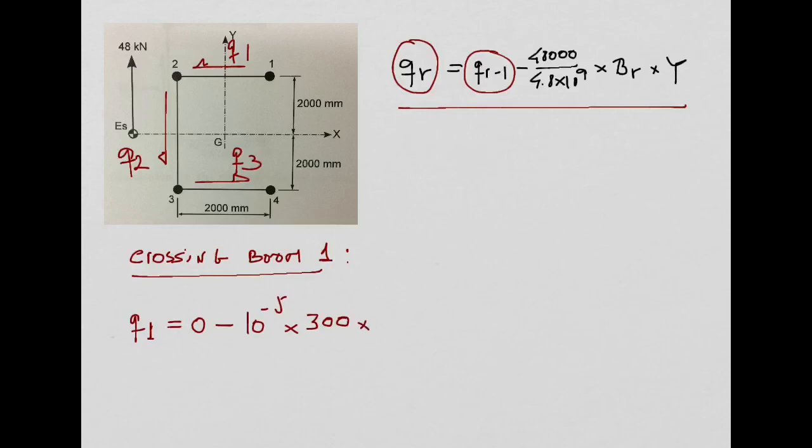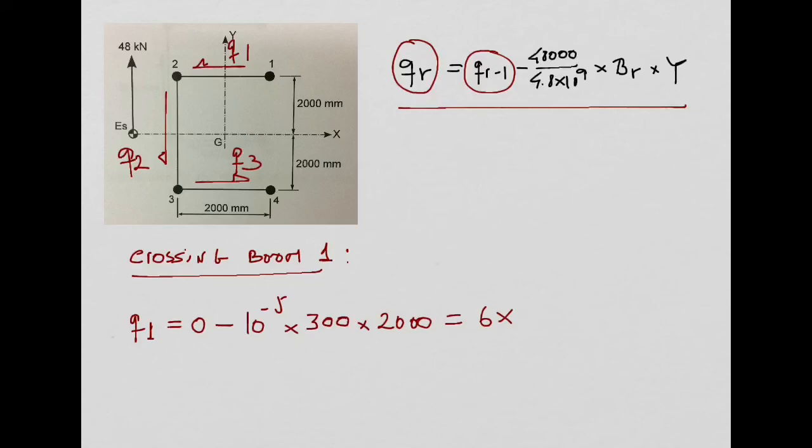And I need to multiply now by this y, the distance of boom 1 to the neutral axis, which is 2000, right? So if you do these calculations, you will have 6 times 10 power nothing.